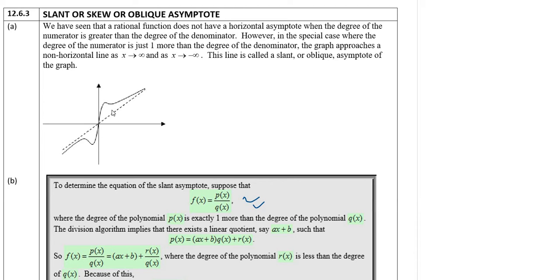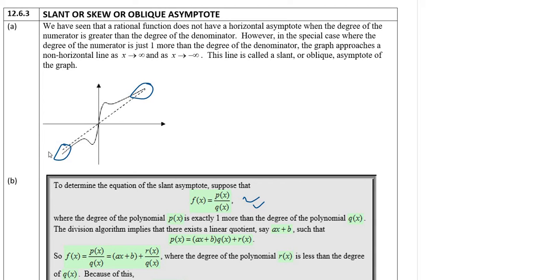Remember that it can cross here, it can go through the skew asymptote, but not at infinity, because that is actually where it exists. Because remember, we said that the horizontal and the skew asymptote is at the limit, where x approaches infinity of the function. So it happens here right at the ends.